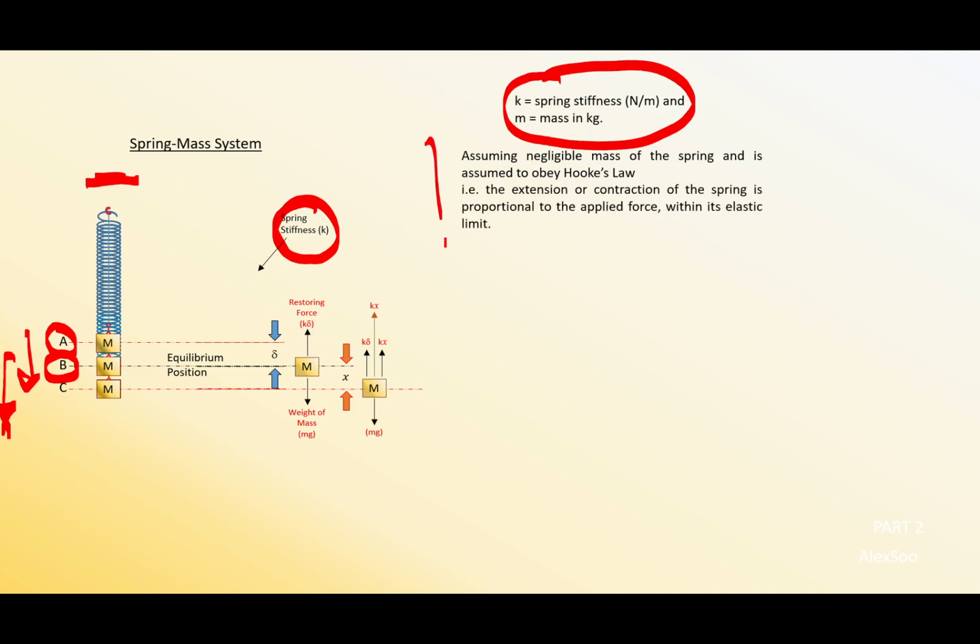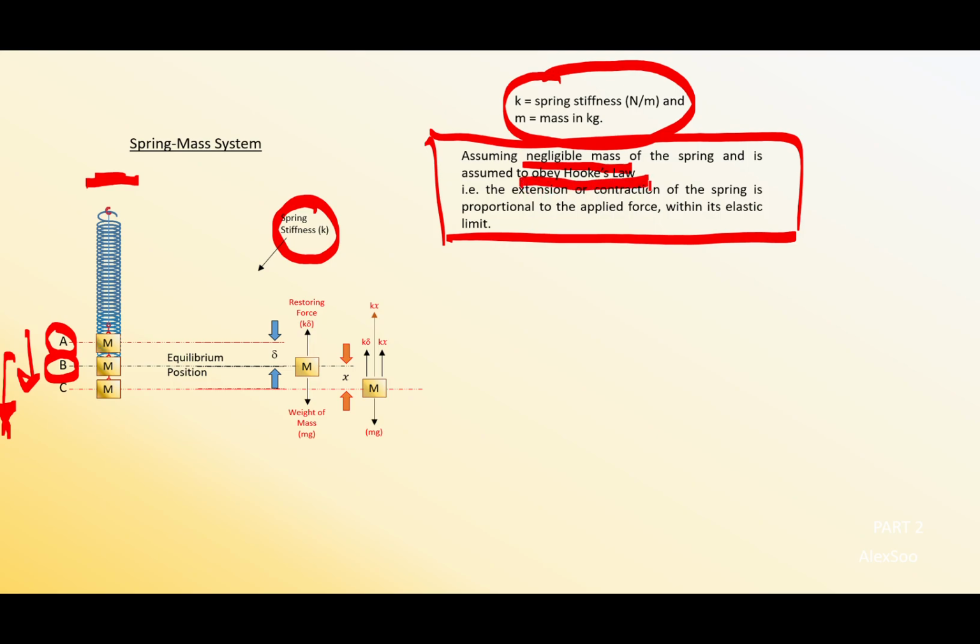For the spring, we assume that its mass is negligible, and it obeys Hooke's law. Hooke's law states that the extension or contraction of the spring is directly proportional to the applied force, within its elastic limit.